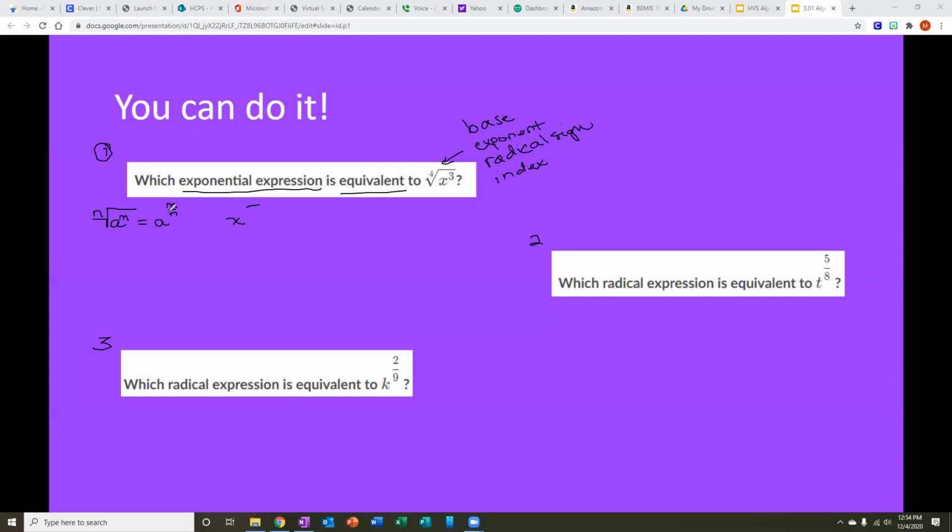Well, the rational exponent rule says that the exponent becomes the numerator of the rational exponent fraction, and the index becomes the denominator. So now I have an equivalent expression without the radical sign.